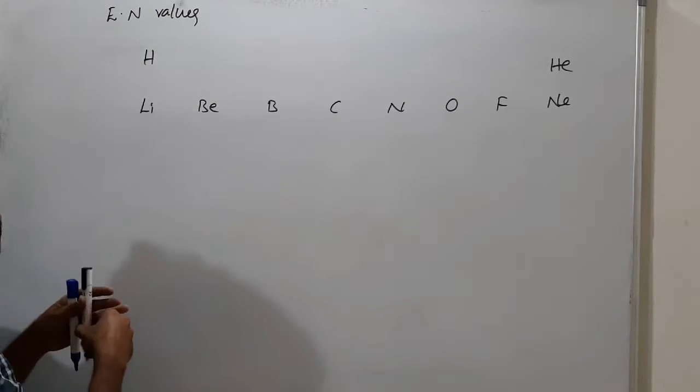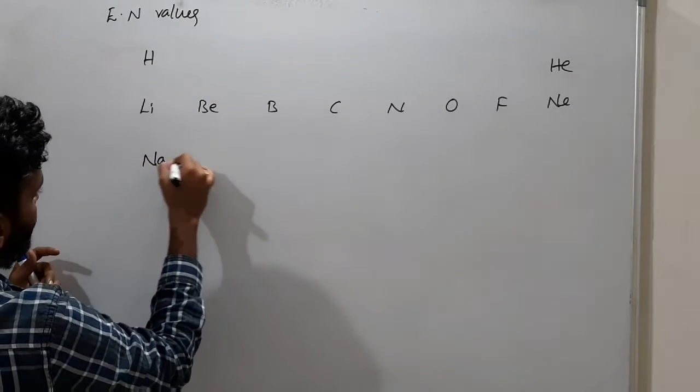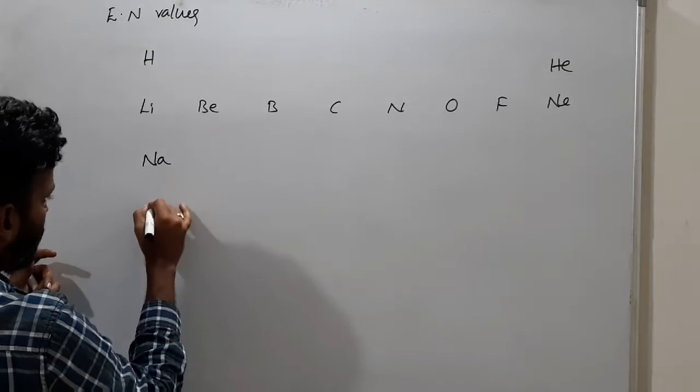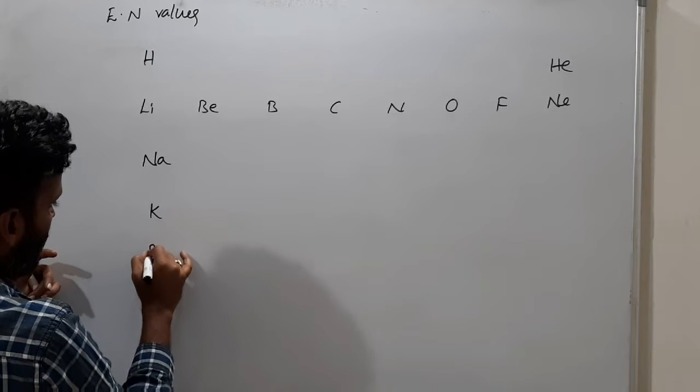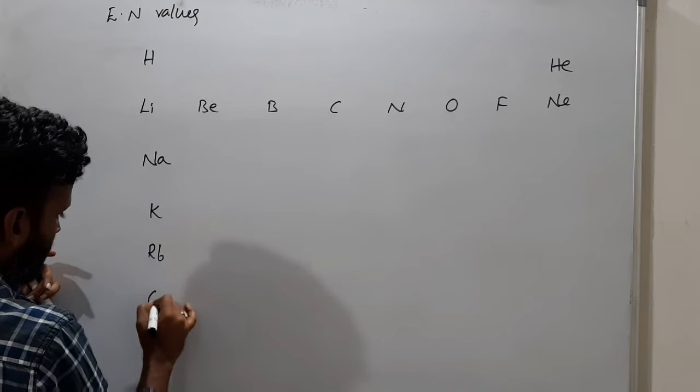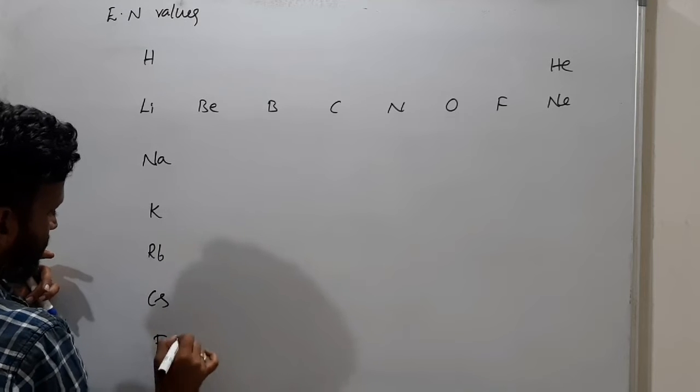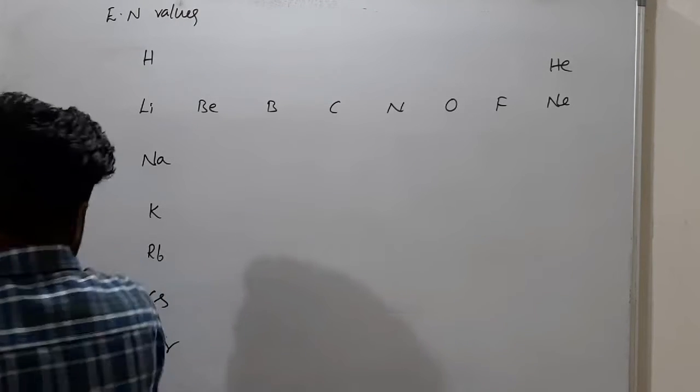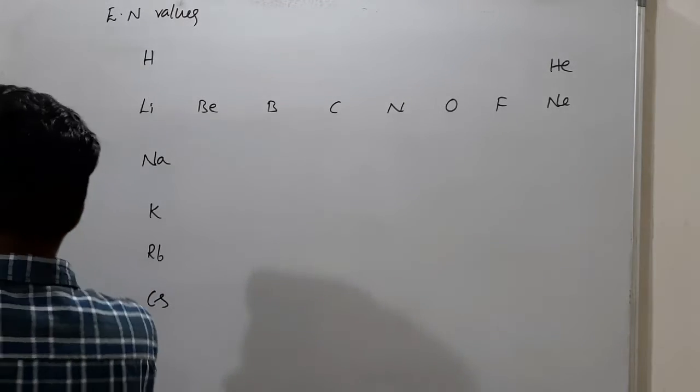And next you know, sodium group: write down sodium, potassium, rubidium, cesium and francium. Francium is not required because it is a radioactive element.